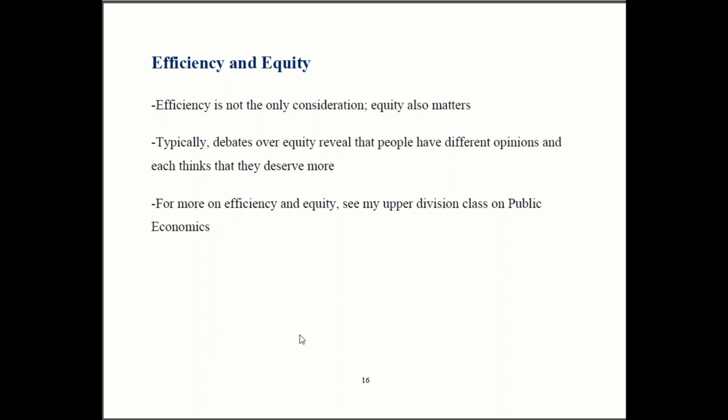So there's a lot more. We talk about that in one of my other classes, public econ. That is Econ 445. The problem with talking about fairness, though, is that oftentimes it's influenced by our own self-interest, so it can be kind of difficult to disentangle that from what is more reasonably considered fair.